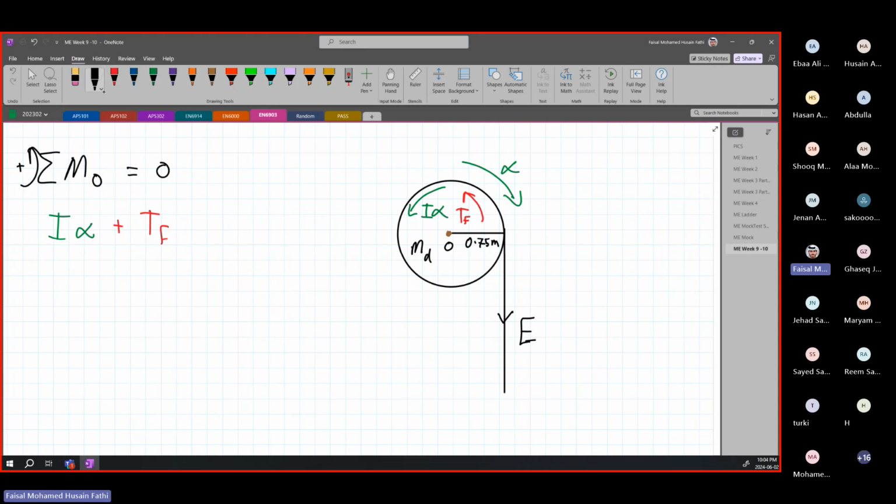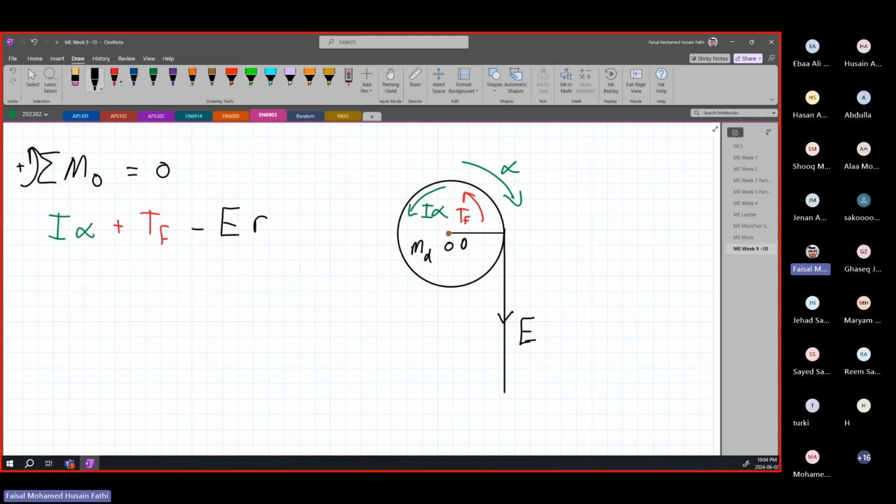Because they're both counterclockwise, minus E, because E, if you notice, did not change. It's in the same direction. It is going in a clockwise direction. So it is a negative value times, obviously, the radius, which is no longer 0.75.